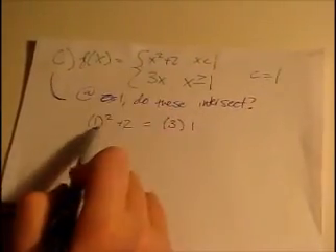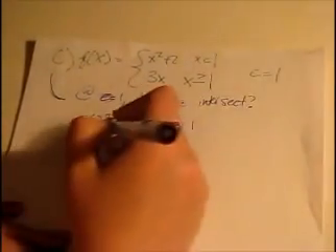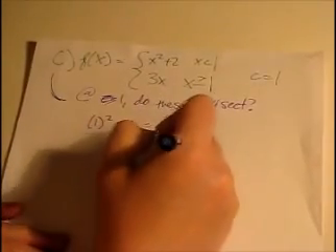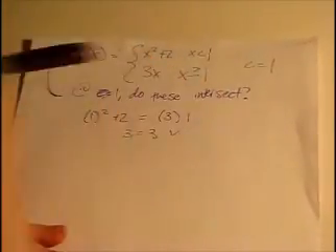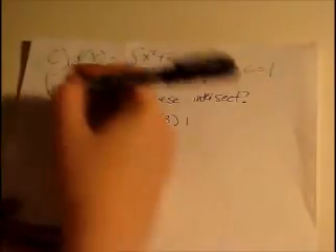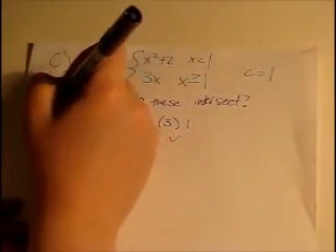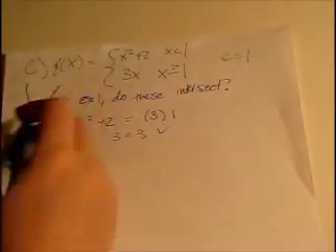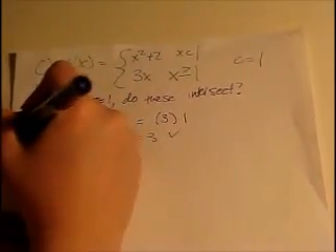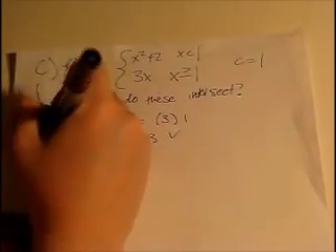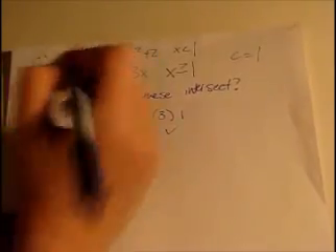I just plugged 1 into these two equations. And we have 3 equals 3, so they do intersect. So our approximation of what it might look like is probably something like this. That's not accurate, I'm going to write not accurate. But this is our guesstimation. Okay?